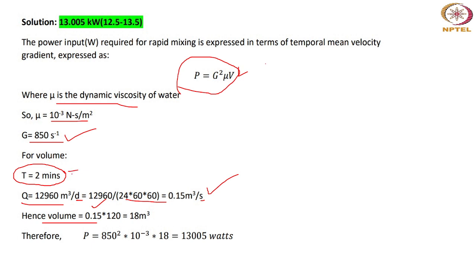If you convert 2 minutes into seconds, it will be 120 seconds, right? So 0.15 multiplied by 120, I'm getting the volume as 18 meter cube. Now just put the values here: 850 square, 10 to the power minus 3, multiplied by 18. I'm getting 13,000.05 watts, and it can be converted.